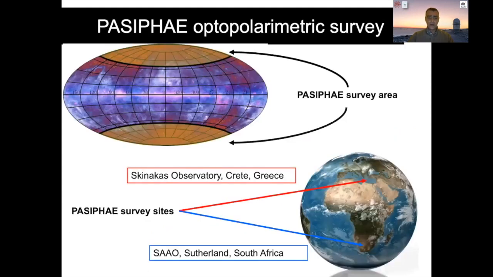The PASIPHAE survey will cover the high galactic latitudes that CMB polarization experiments target. It will run concurrently from two sites: in the northern hemisphere at the Skinakas Observatory in Crete, in Greece, and in the southern hemisphere at the South African Astronomical Observatories in Sutherland.